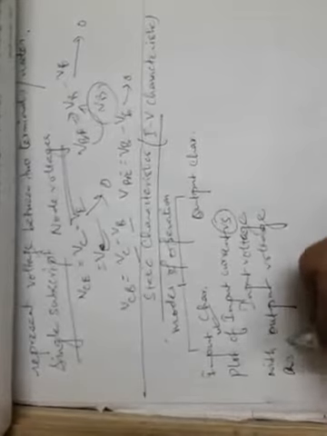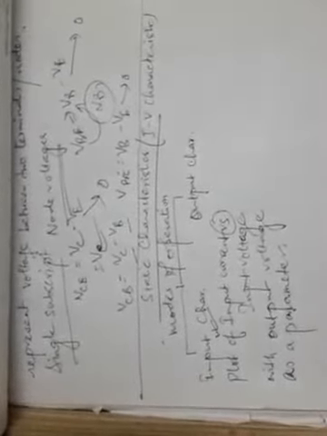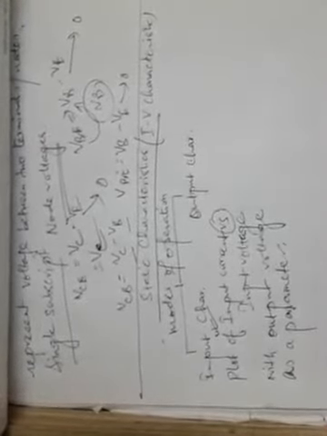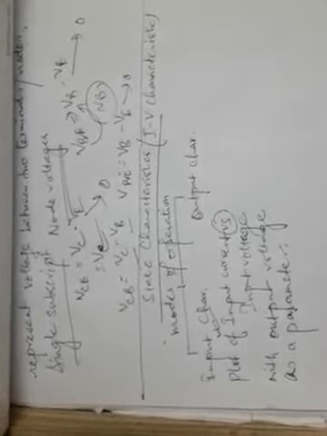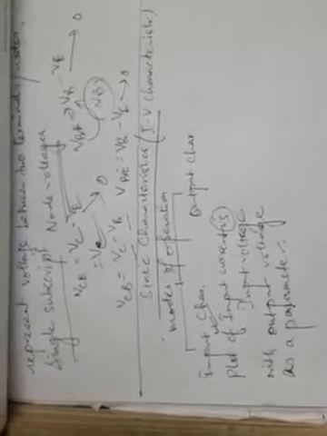That means the input characteristics will be plotted between input current and input voltage, considering another quantity, output voltage, as a parameter. That means we need to first fix the output voltage at some value, and based on that output voltage, whatever set of input voltages and input currents are found, if they are plotted, we will get the input characteristics.